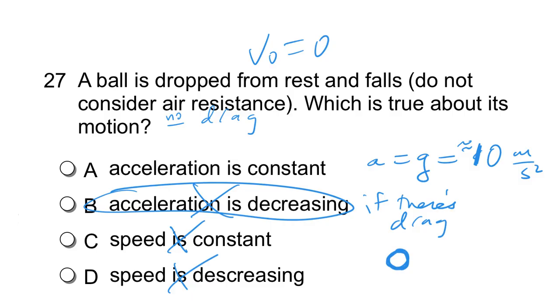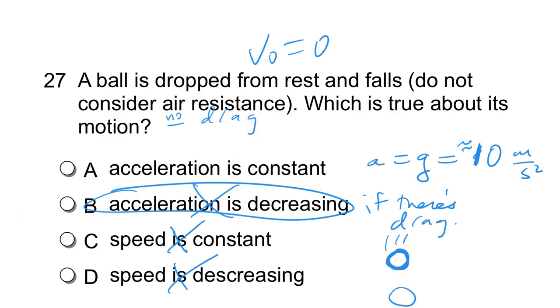A ping pong ball will start dropping with an acceleration of 10 meters per second squared downwards, but then it will gradually decrease acceleration until there's zero acceleration and the ball's falling with constant speed if it's dropped from a high enough height.